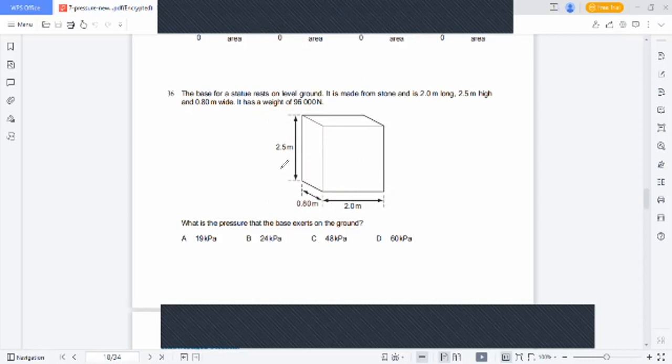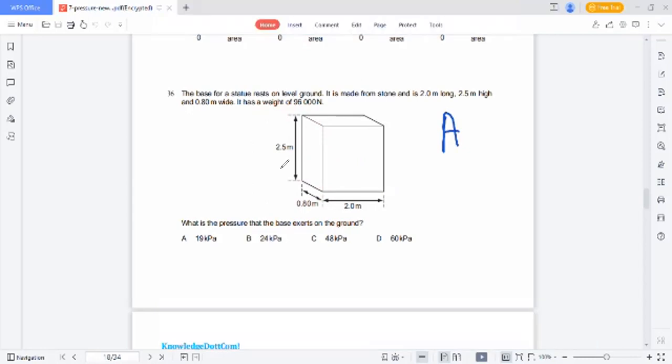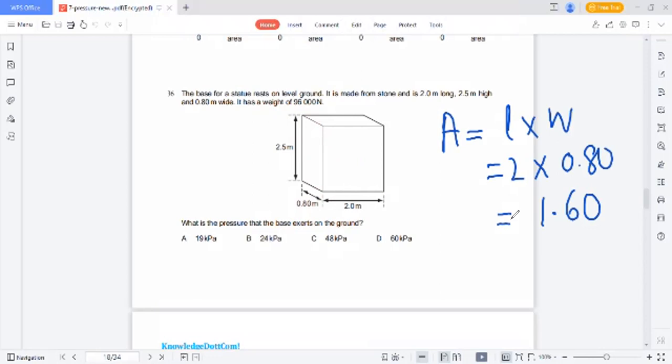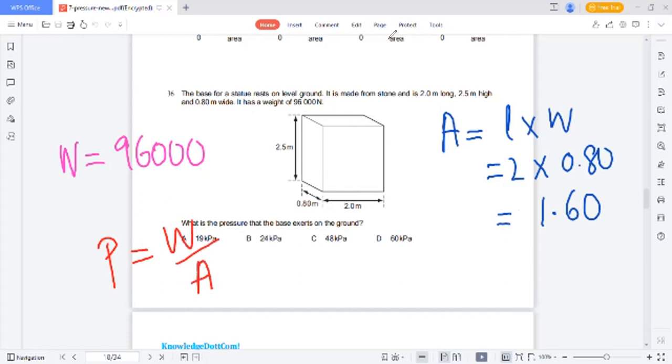Okay, we know that area is length times width. Length is 2 meters and width is 0.80. So it would be 1.60. Now weight is W equals 96,000. It is already given. So now you can calculate pressure, which is weight per unit area.